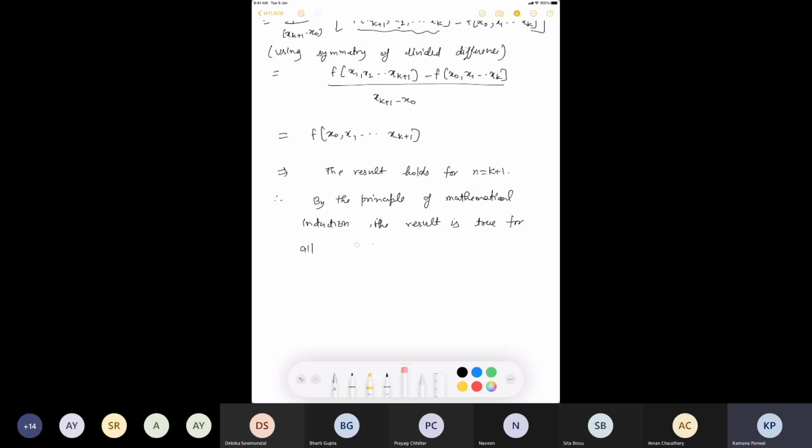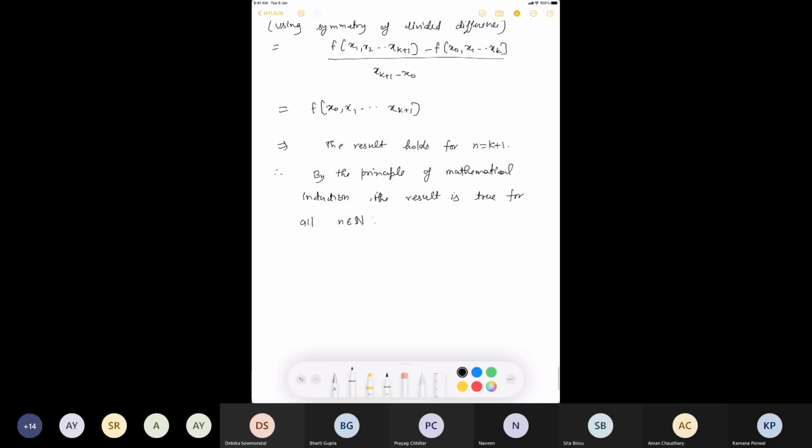So let me write all n in the natural numbers.